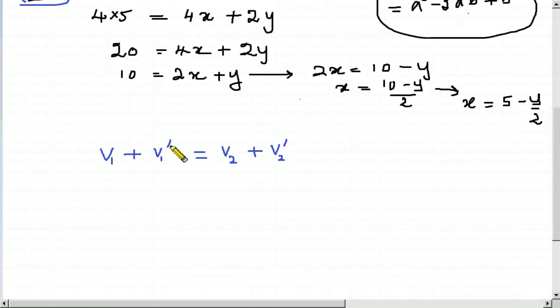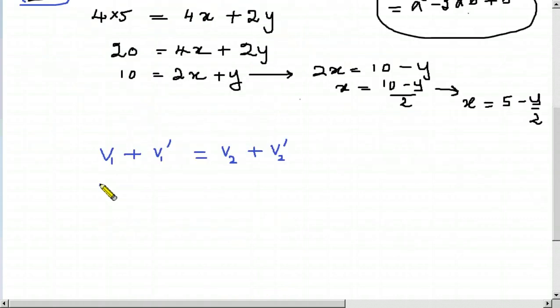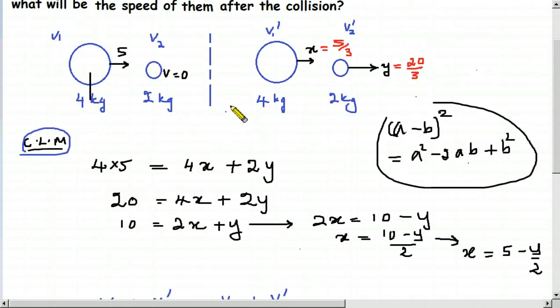So we have to substitute now. The first velocity of the first ball is 5 plus the second velocity of the first ball, we don't know, that is x. I will keep this aside, already we found these things, in the same order, we can check later. So the problem is x and y we don't know.